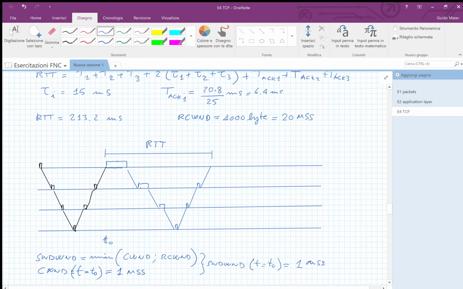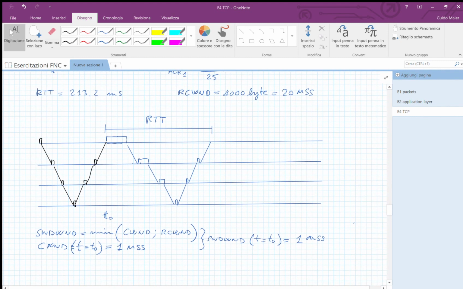Now we have to follow the evolution of the congestion window and send window in order to understand how this connection will continue. So in the next round trip time, we have sent one segment, we receive one ACK. What happens to the congestion window? It becomes 2, okay? Because first we have to check: are we in the slow start phase or not?